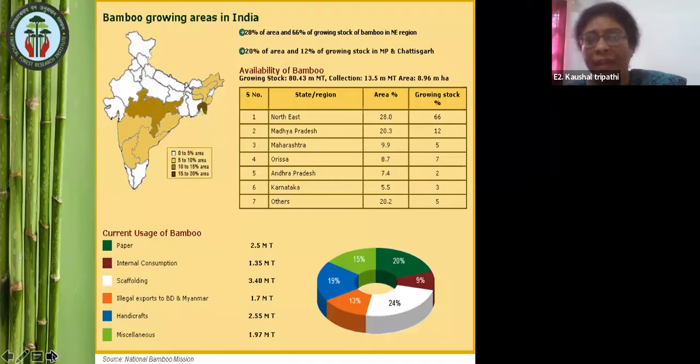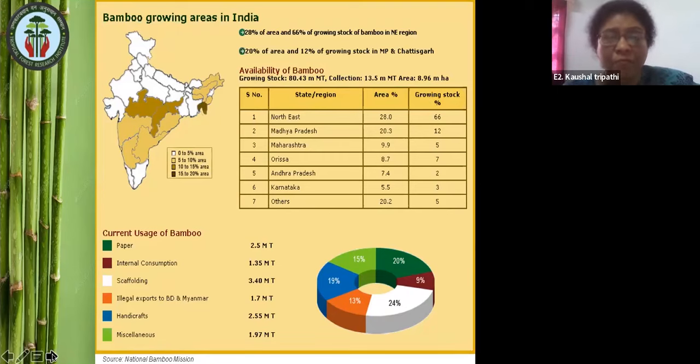And the bamboo growing areas in India, all of us know that Northeast India is the richest from the point of view of species density as well as the area covered by bamboos. 28% of the area of Northeast India is covered by bamboos, followed by Madhya Pradesh and then Maharashtra. Madhya Pradesh is 20.3%, Maharashtra is 9%.